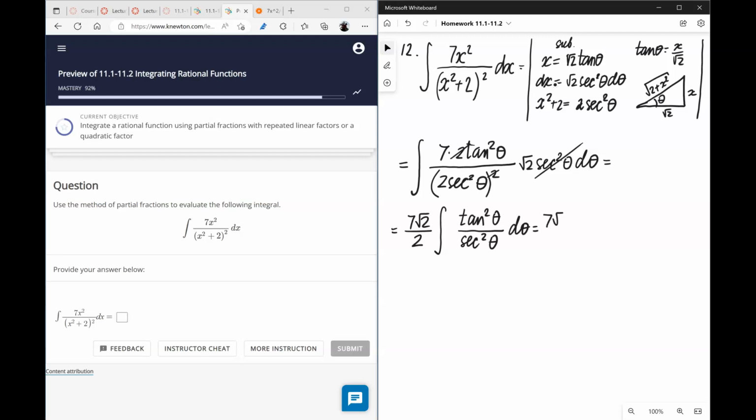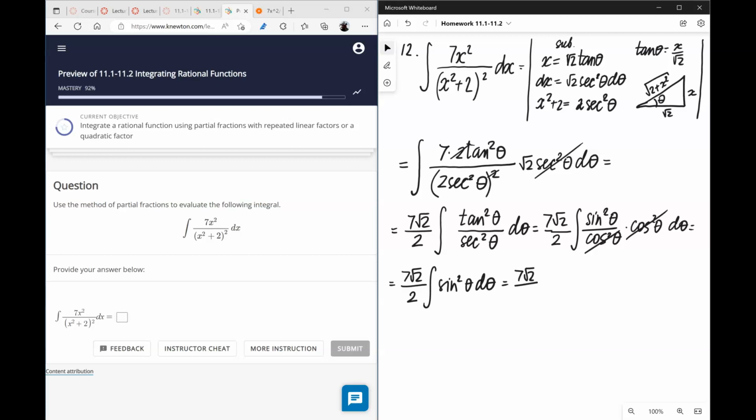But secant squared theta actually goes nicely into tangent squared theta. How so? That's your tangent squared theta. And dividing by secant is the same as multiplying by the reciprocal. So the cosine squared theta cancel. So this actual integral is just the integral of sine squared theta d theta.